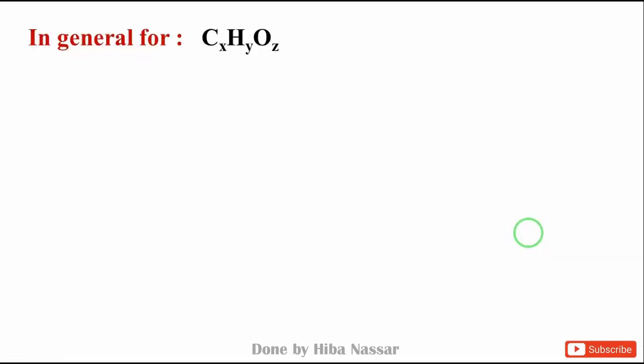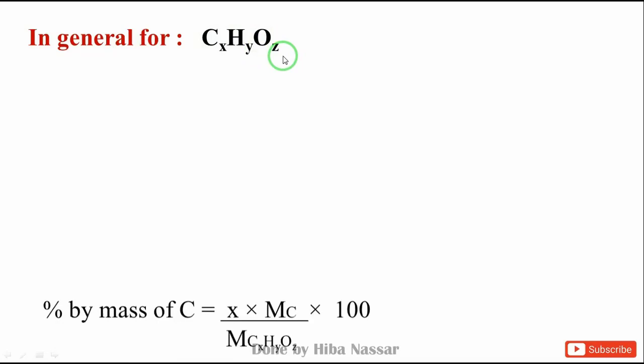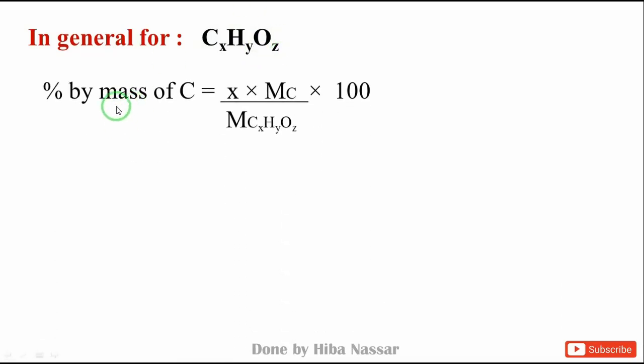So in general, if we have the following general molecular formula for a certain organic compound, CXHYOZ, we can say that the percentage by mass of carbon is equal to the number of carbon atoms here, which is X, times molar mass of carbon, which is equal to 12 gram per mole, divided by the molar mass of this compound that must be calculated, times 100.